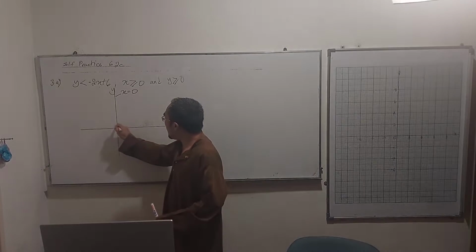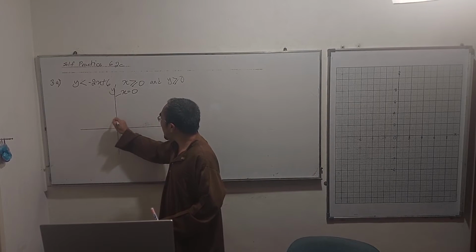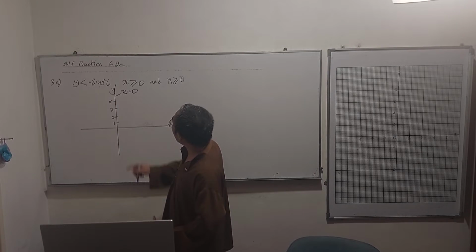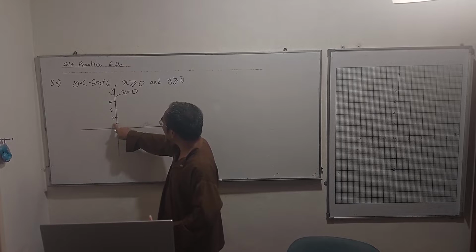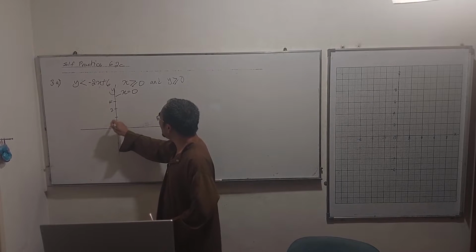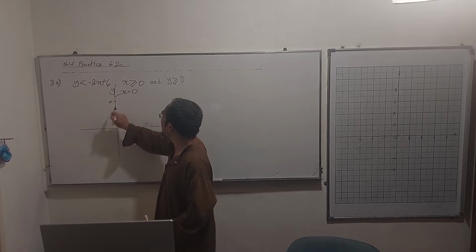And why is it so? Because if this is 1, this is 2, this is 3, this is 4. Okay, I think I need longer. I will have to write down here 2, 4, 6, and 8.